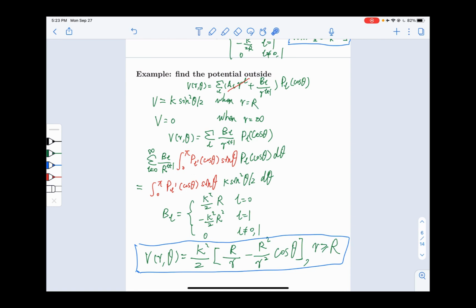So the starting point is always this expression. You simply memorize this expression, and then fit the boundary condition given in the problem to this function, and then figure out all these ALs and BLs.